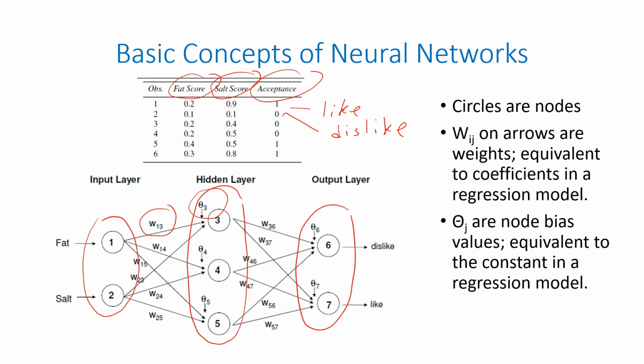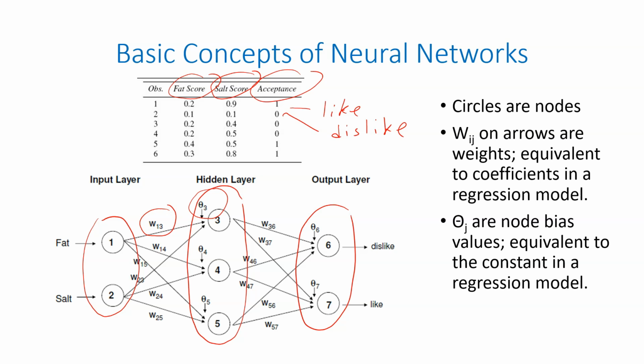You can think of these weights as the coefficients in the regression model we have seen before. They represent the amount of change in the target node caused by 1 unit change in the previous node. The thetas, or the node bias values, are equivalent to the constant in the regression model.